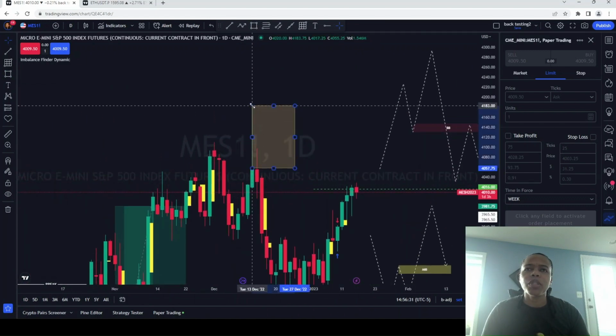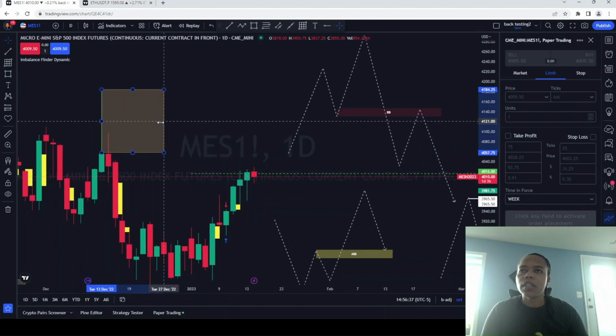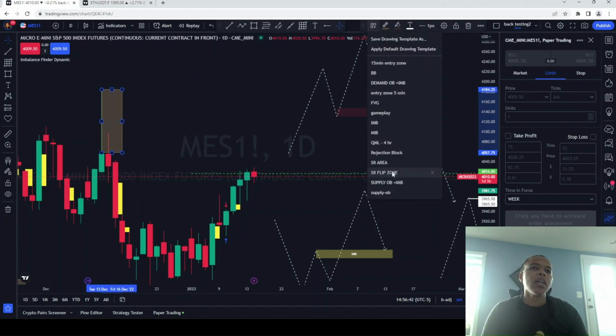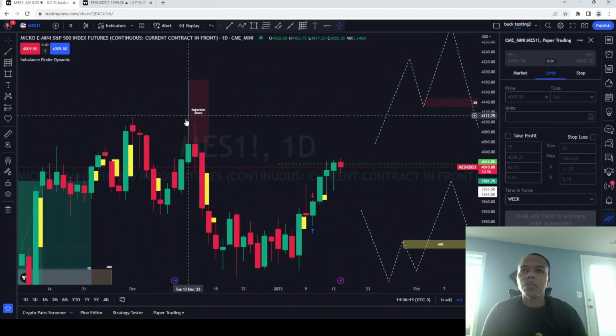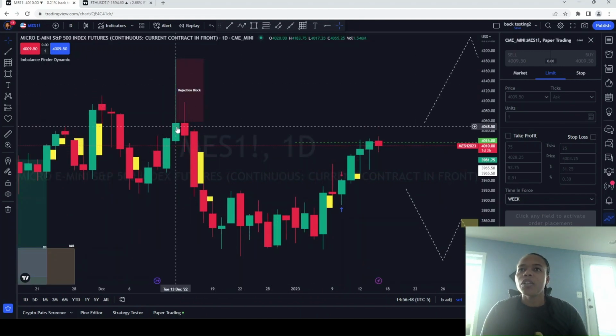So we have this giant rejection block. Okay, so that whole section is this rejection block. The next candle can dig into the actual block, but the body is what's important. We haven't violated the body.